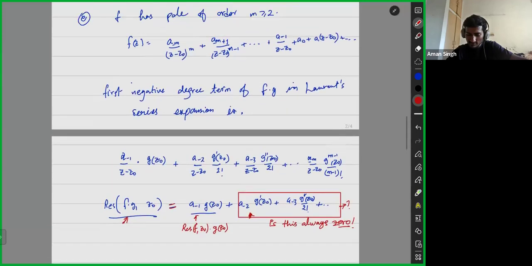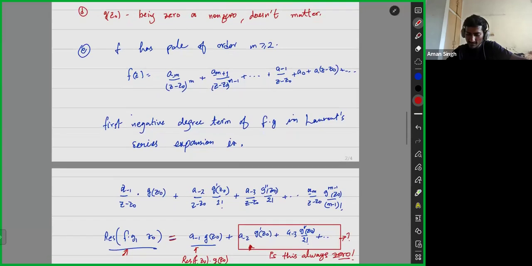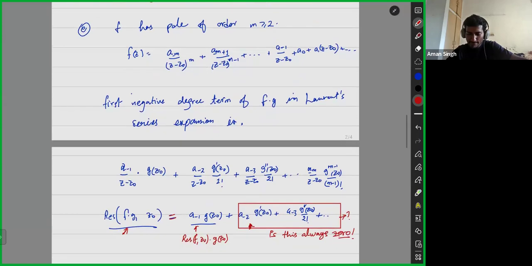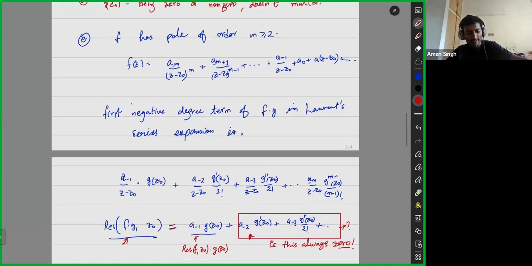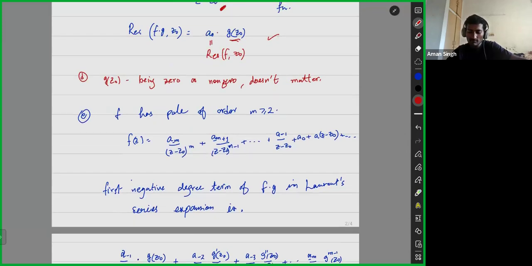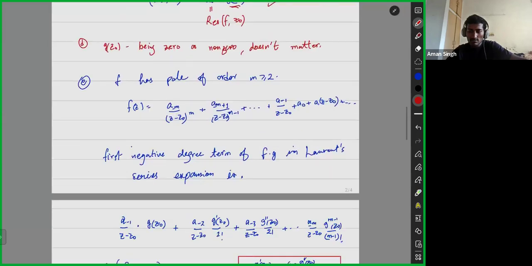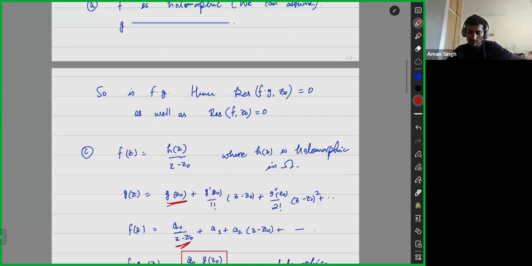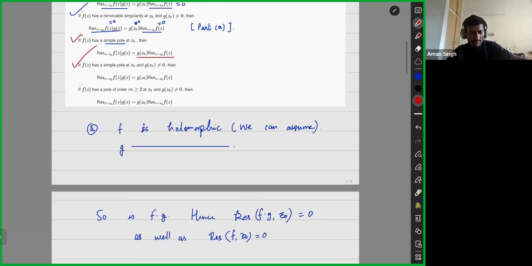You can give me some counterexample. I think, if I take 1 by z squared, the residue at 0 will be 0. So the right side will be 0, doesn't matter.